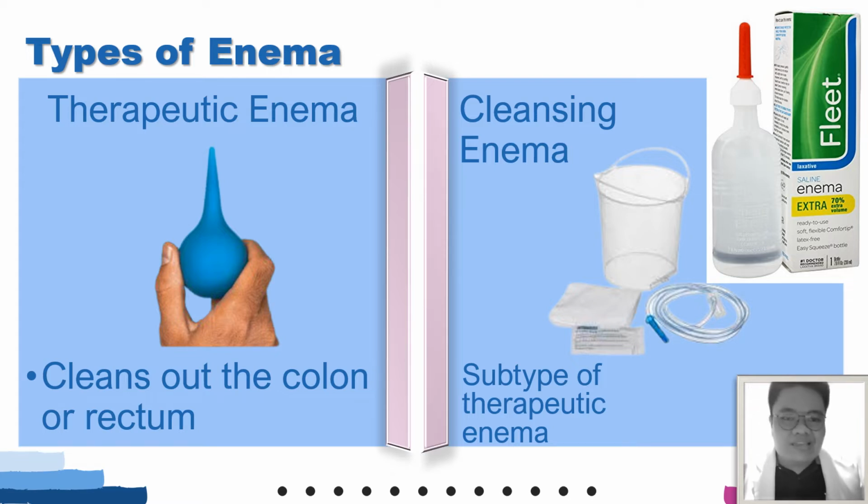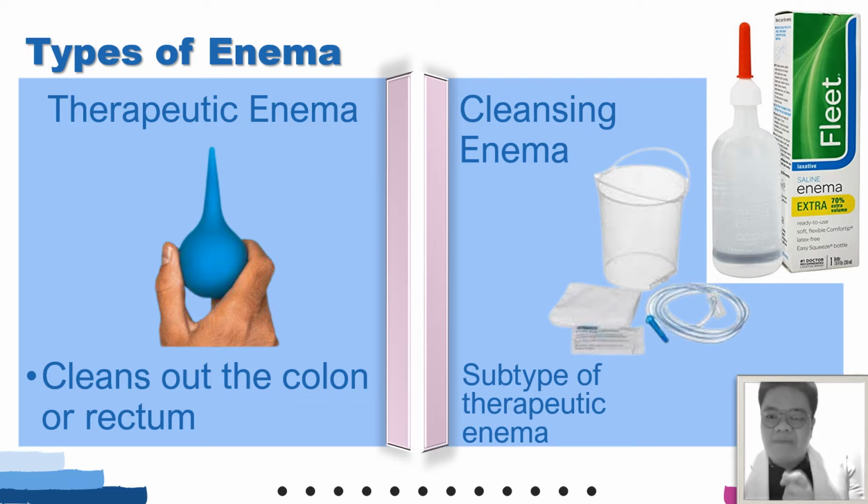Now class, for your enema, earlier I mentioned that your enema is contraindicated in inflammatory bowel disorders. Okay, contraindicated in inflammatory bowel disorders. Now, you might see on the right that there are notes that tell you enema is used in inflammatory bowel disorders. There are special types of enemas used for inflammatory bowel disorders.